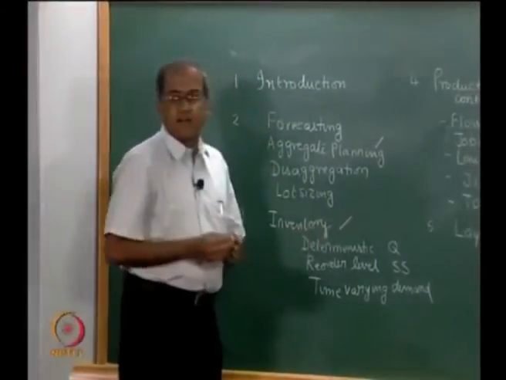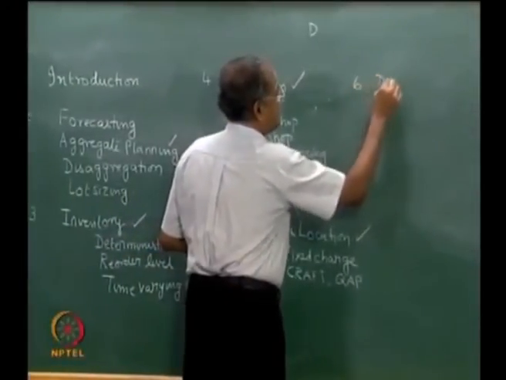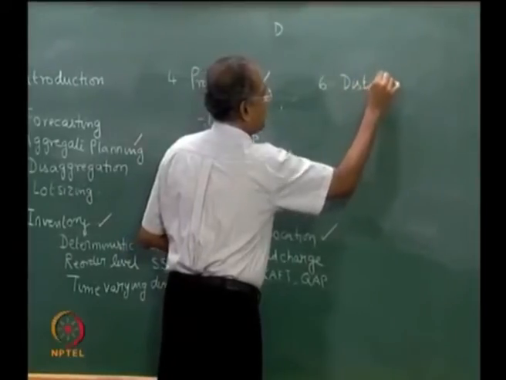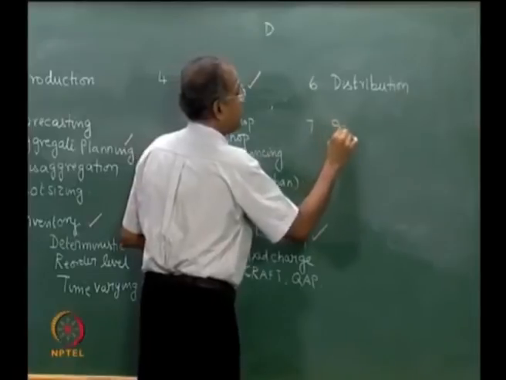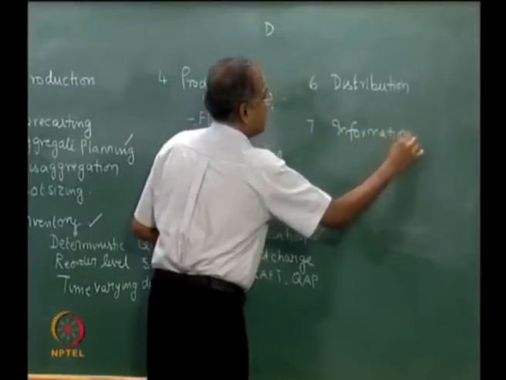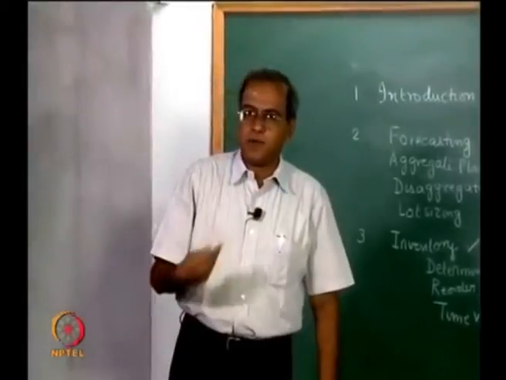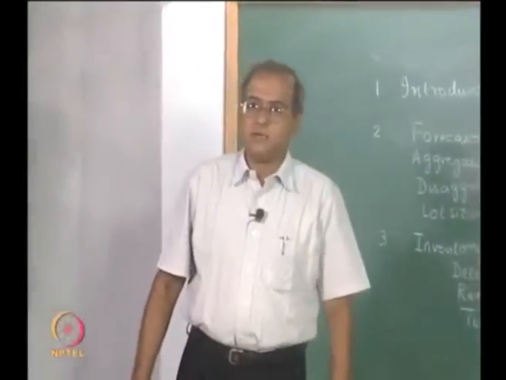So, we have seen inventory decisions, and what we need to see are distribution decisions and information related decisions in the context of a supply chain. So, we will spend some time on the distribution as well as information related decisions in the context of supply chain management in the subsequent lectures in this lecture series.